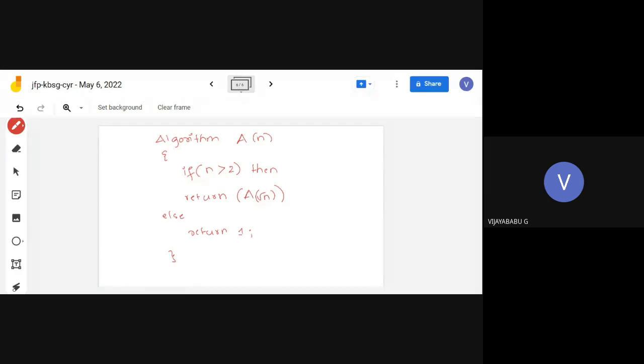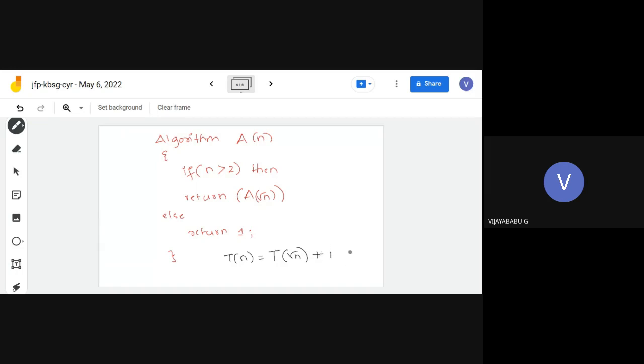So definitely we can write the recurrence relation. There are two cases that we can consider: n greater than 2, or less than or equal to 2. For example, T of n is equal to T of square root of n plus 1.